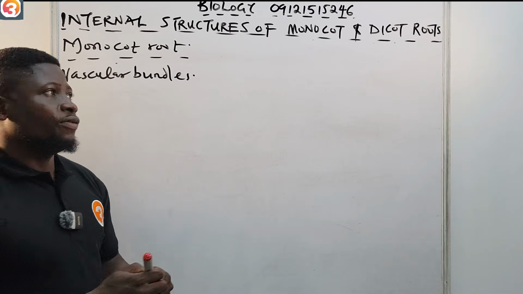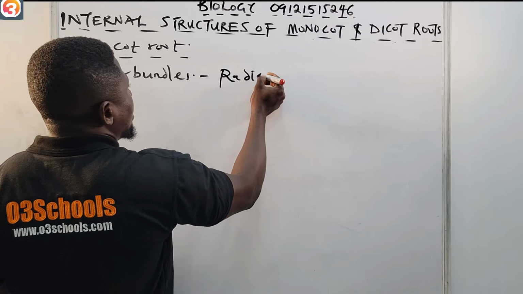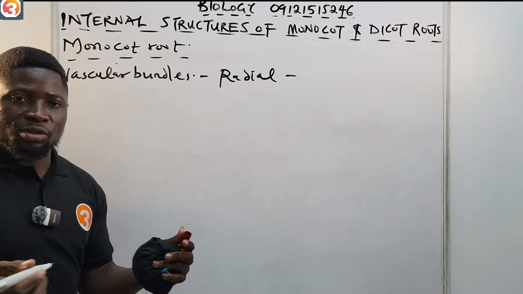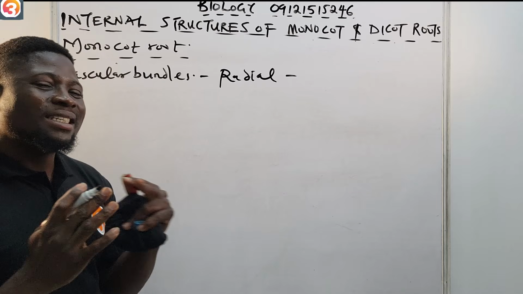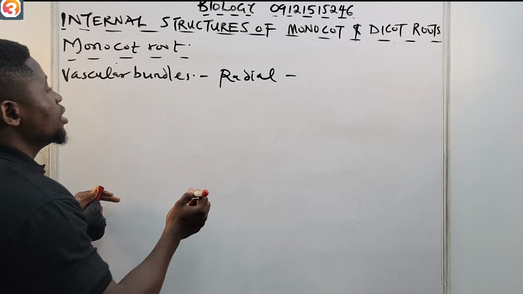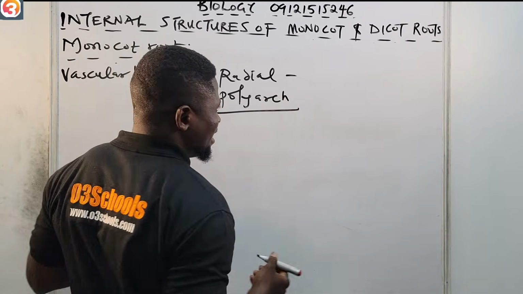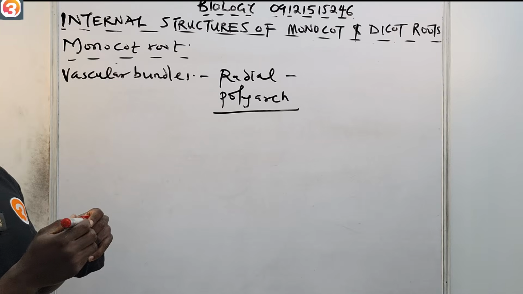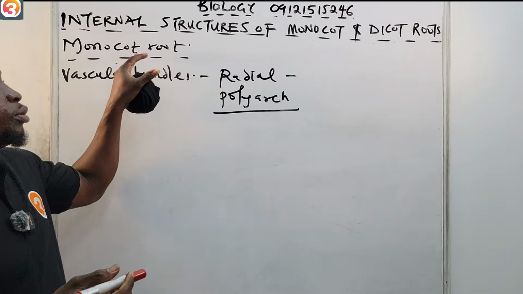In terms of arrangement, they are radially arranged. The xylem and the phloem of a monocot root are not placed side by side; they are placed alternate with each other. Also they are polyarch. The strands of xylem and phloem bundles are usually many in a monocot root.